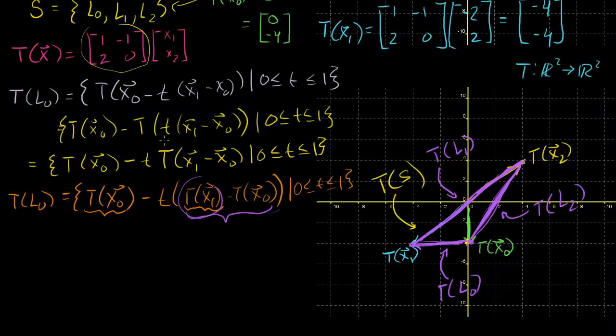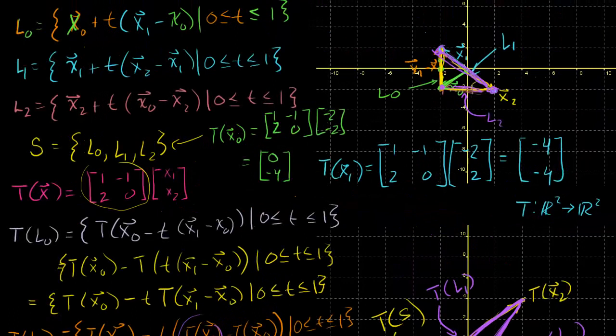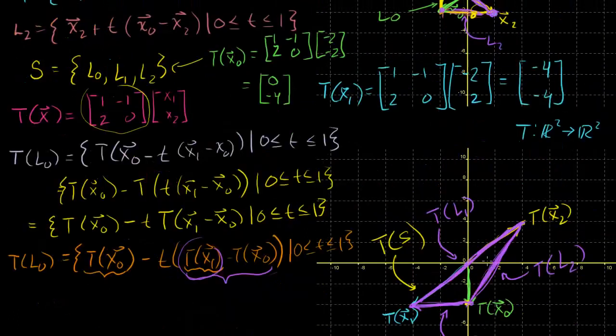The takeaway from this video is you don't have to individually figure out what this point right here translates into over here. All you have to say is, what were my endpoints? Figure out their transformations, and then connect the dots in the same order. That's the big takeaway from here.